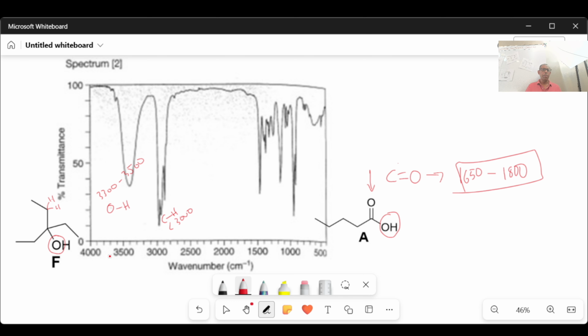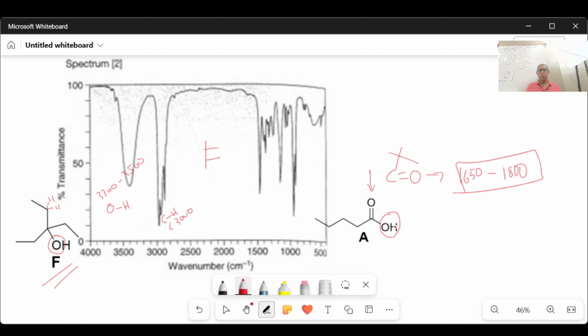So the compound actually is F. So this is compound F. Not compound A, because of the absence of this. You don't see this. This is not there. This carbon-oxygen double bond is the functional group, which is carboxylic acid.